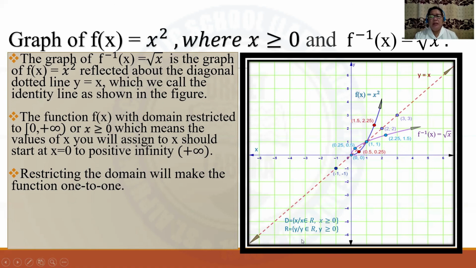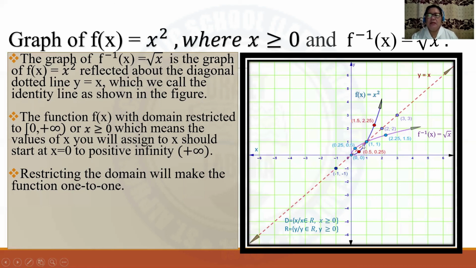You can also identify the domain and the range. The domain is equal to the set of x such that x is the element of R, where x is greater than or equal to 0. And the range is the set of y such that y is the element of R, where y is greater than or equal to 0. Let's inspect.